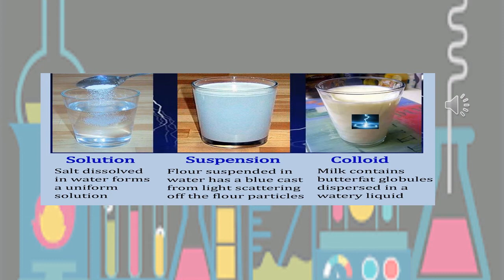These dispersed phase and dispersion medium can be solid, liquid or gases, so it can be in any form. So this is about the colloidal solution. In this case, we can see a cloudy mixture form of solution, and this mixture is called a colloidal solution.